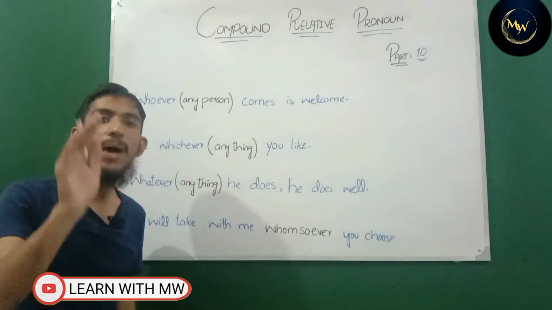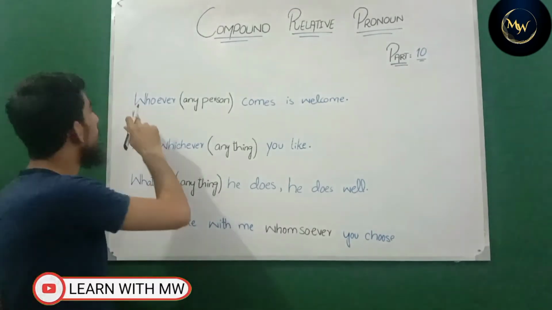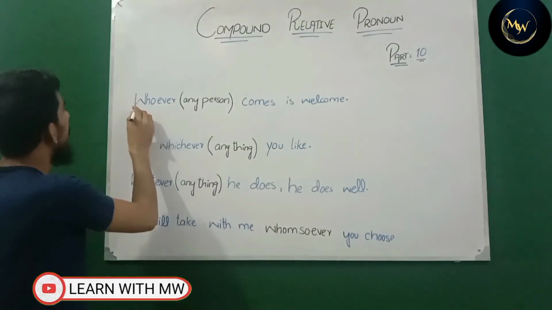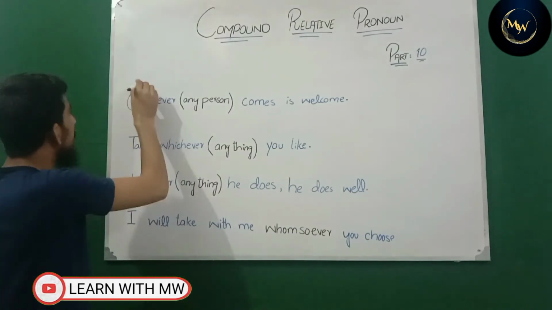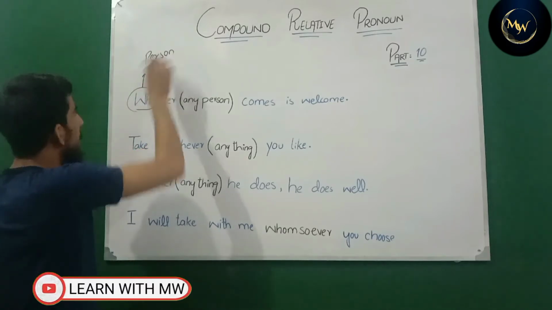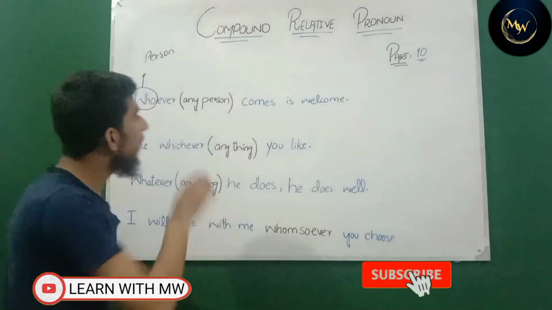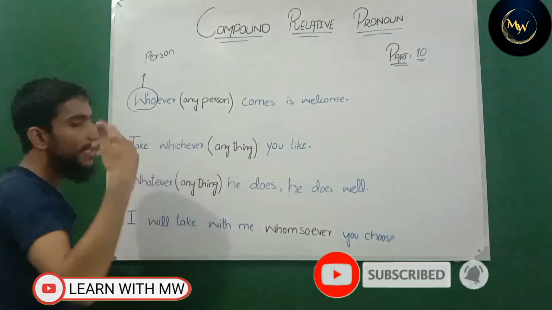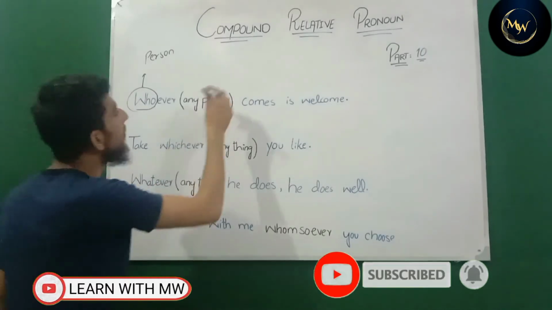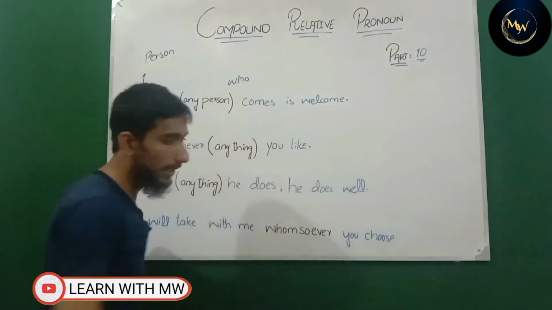Basically, in part 7, I told about the uses of relative pronouns, in which we discussed that the relative pronoun who is used for a person. So whoever basically means any person. If I don't write whoever, the sentence will be: any person who comes is welcome.